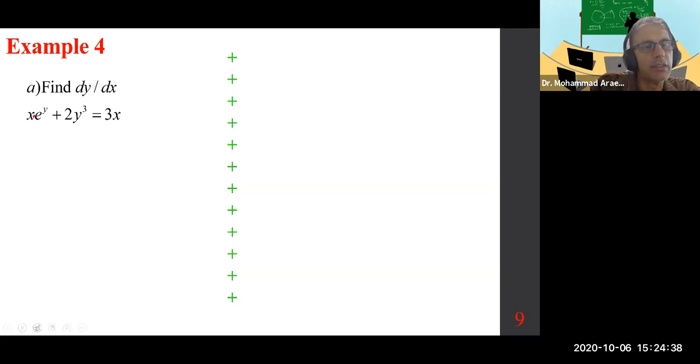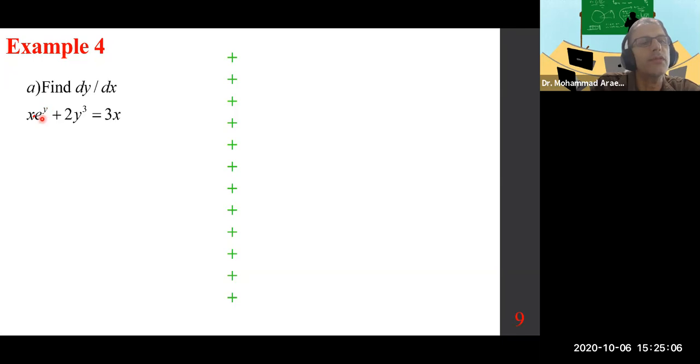So can anybody tell me what is the derivative of this piece? X times e to the power of y. How would you differentiate this? Okay, so x, the derivative is 1 times e to the power of y plus e to the power of y.